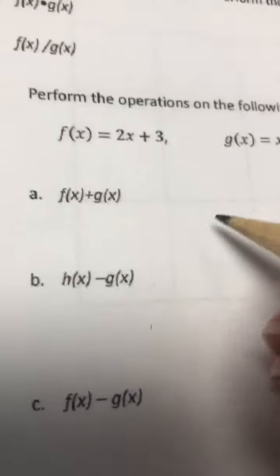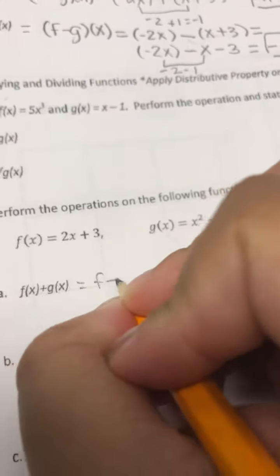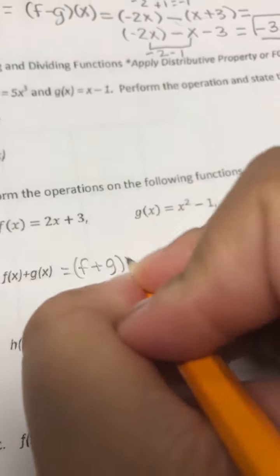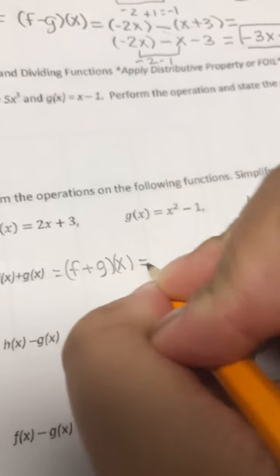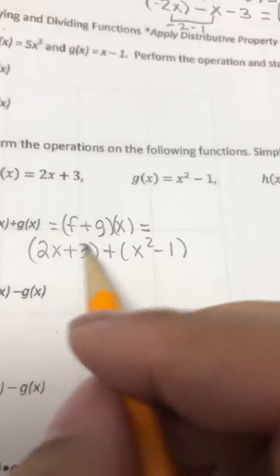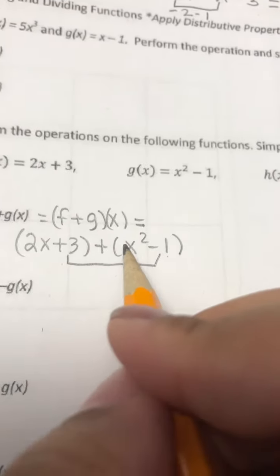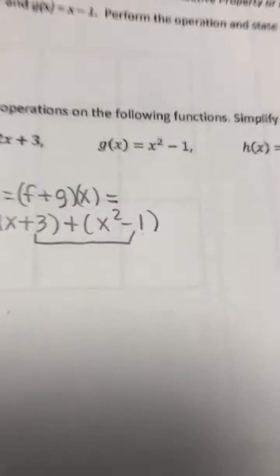So let's jump down here to these examples. So the first one would be 2x plus 3 plus x squared minus 1. Again, you're just combining your like terms. The only like terms that I have are 3 and minus 1. So remember, you have to write them in order.